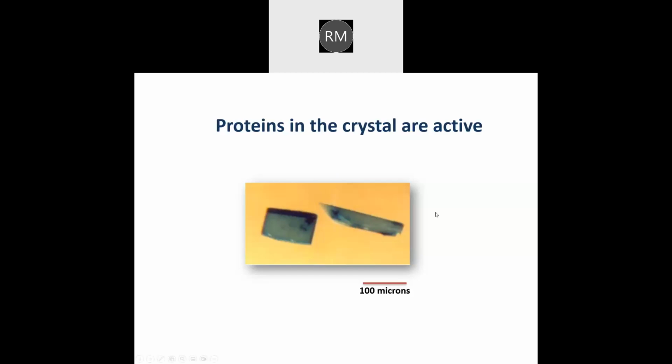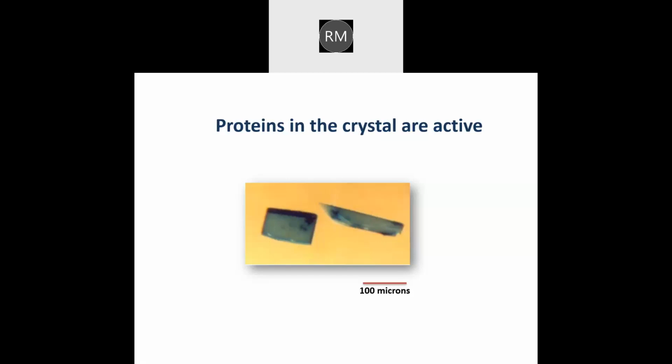This is a phosphatase protein which got crystallized, and I soaked the substrate of this enzyme phosphatase into the crystal, and it started producing the product, which is a colored product. So you can see the blue color of the crystal is due to the production of the product inside the crystal.